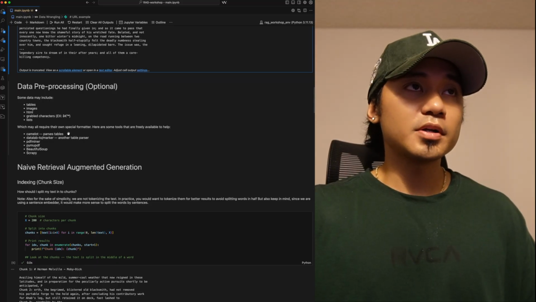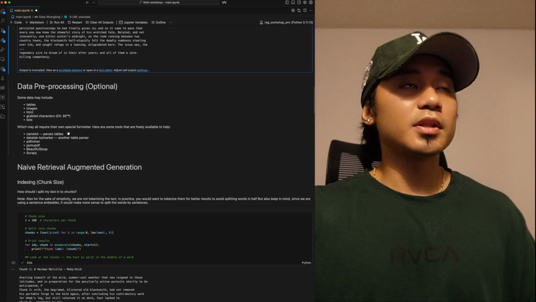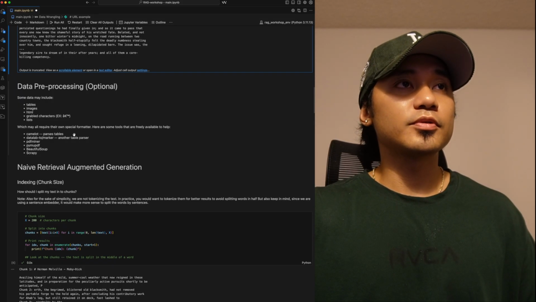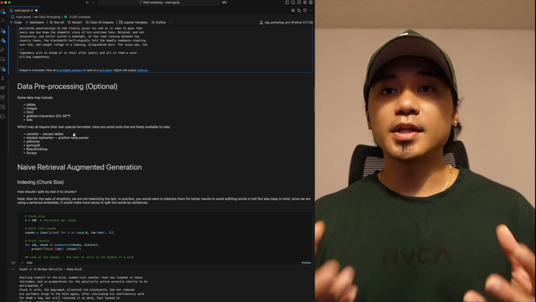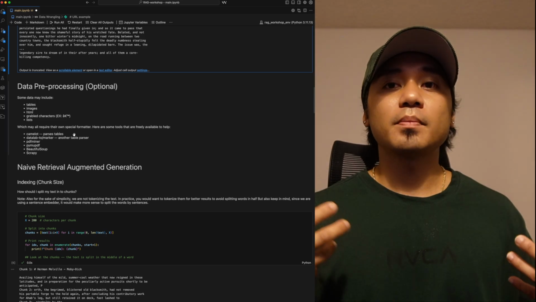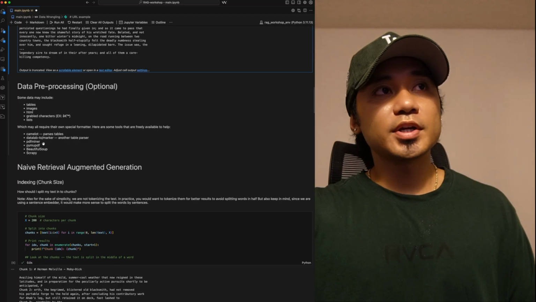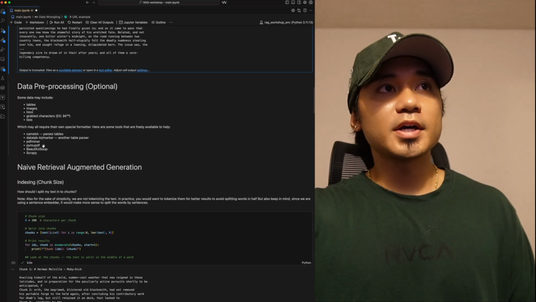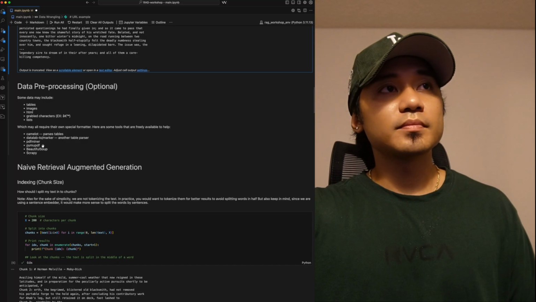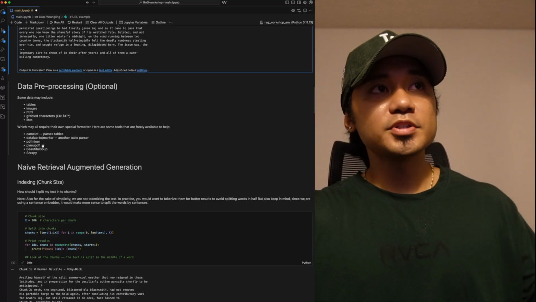So Camelot and Marker are two libraries that are good at parsing tables. Camelot I found to be better to parse tables that are in HTML or PDFs, and I found Marker to be really good at parsing tables off of research papers. And the next two tools here, I have PDF Miner and PyMuPDF, which are, in my experience, two good PDF parsers.